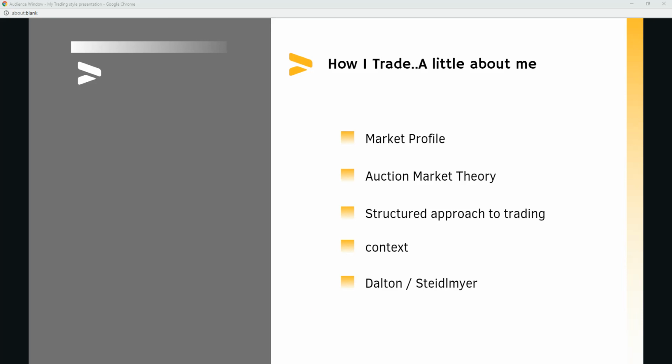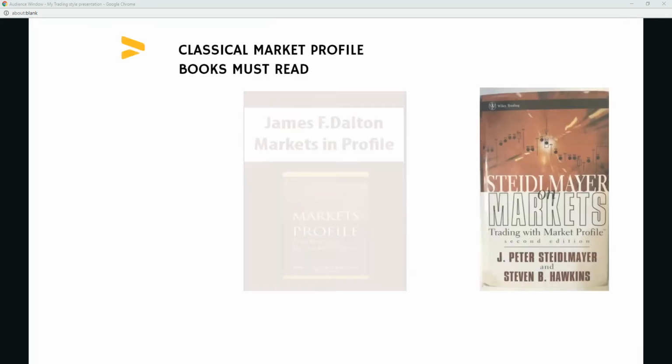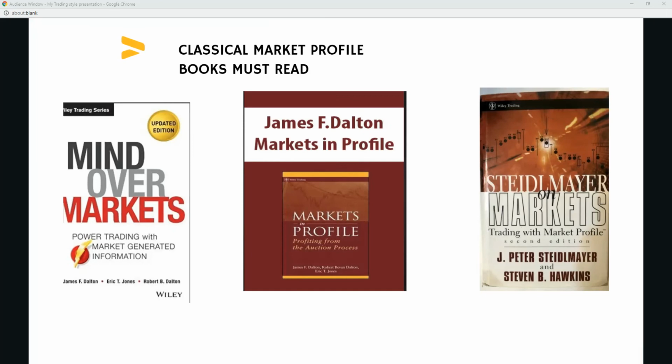So this was through market profile, auction market theory, which gave me a better structured approach to my trading. I mean, if you really go through the books of Dalton and Steidlmayer, you'll find out that at the end of the day, these guys came up with aspects of putting data together.